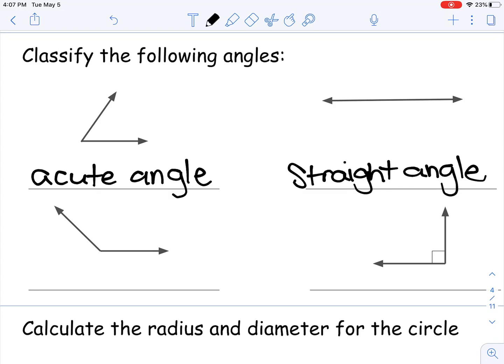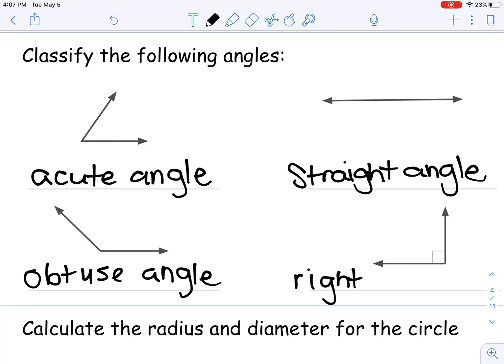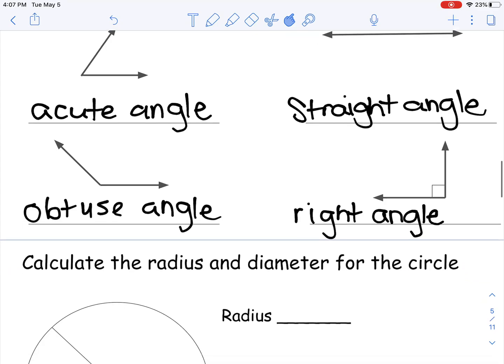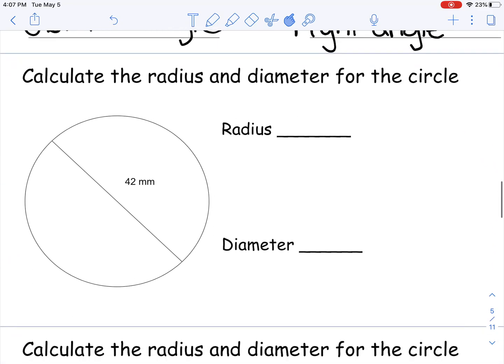If it is greater than 90 degrees, but it is less than 180, that's when we're going to get those obtuse angles. And last but not least, the ones that make that perfect box, the 90 degrees exactly, no more, no less, that's where we have those right angles. So you will classify some angles.